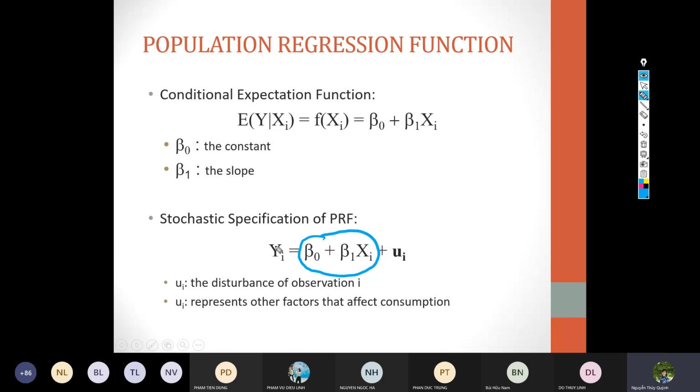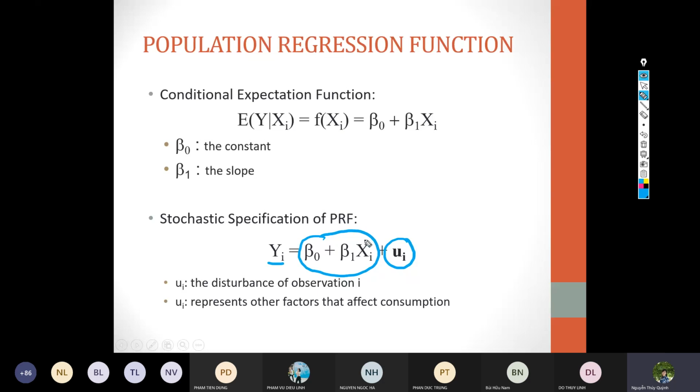So the observed value of Y is equal to the sum of the conditional expected value of Y and a term that we call the disturbance, ui. The disturbance ui represents other factors that affect the dependent variable other than the independent variable mentioned in the model.